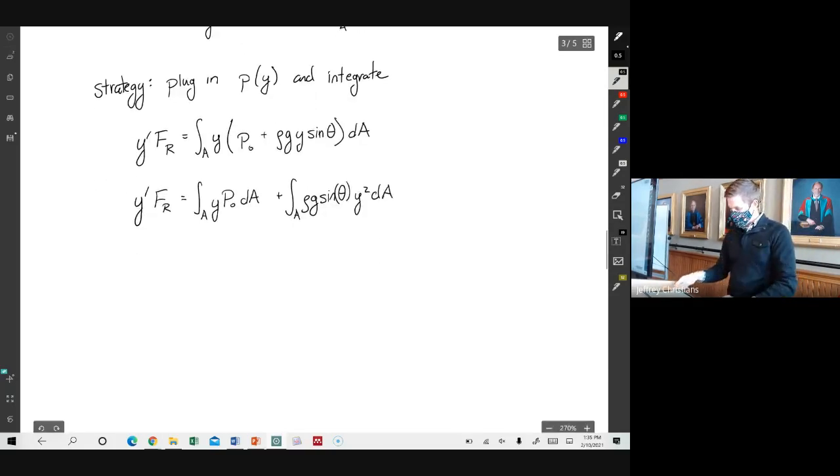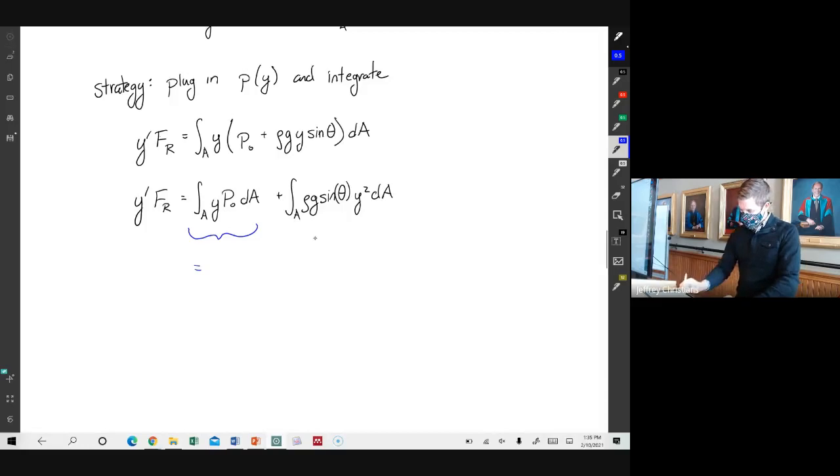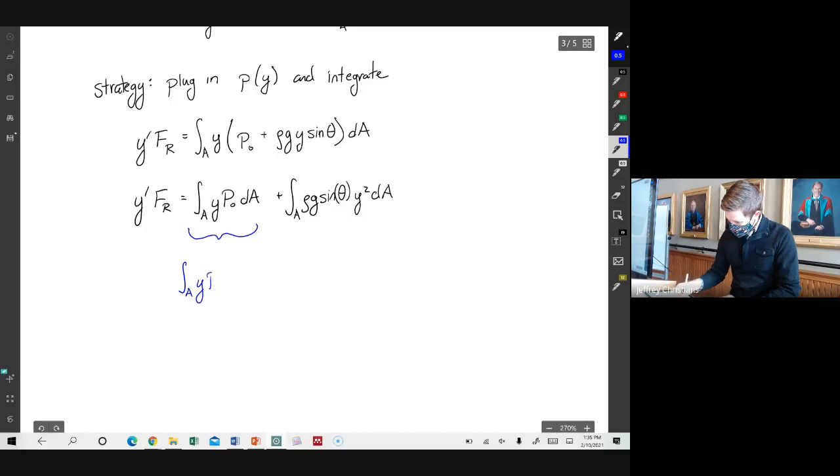This first integral here, that integral is the integral A of y p naught dA.